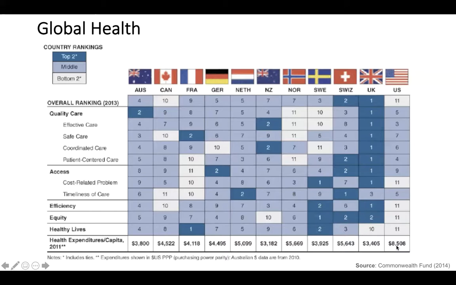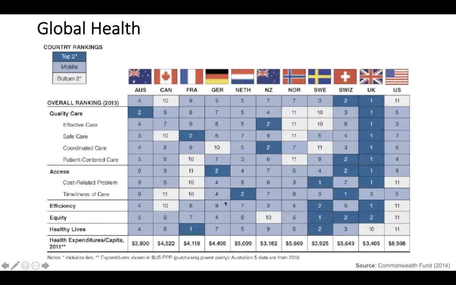Based on the data that I saw in 2019, that number has increased to about 11,000, 10,700 to be exact. So in a matter of 10 years, that's like 2,000 more on the overall cost per person in the healthcare system in the US.